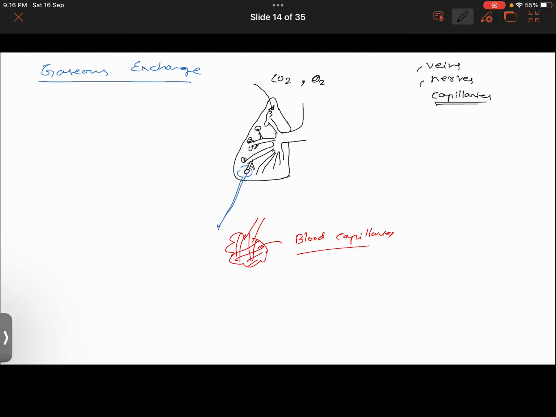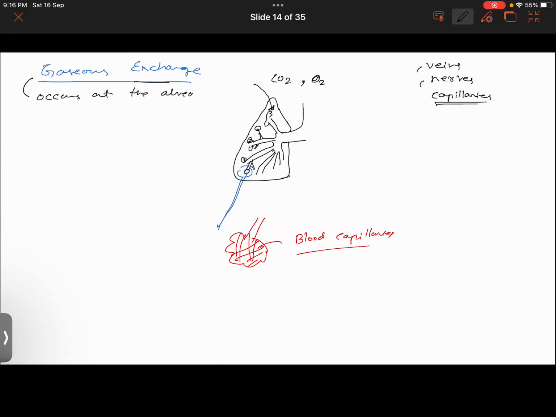So look, there will be the gaseous exchange happening here. As you already know, the mechanism of respiration involves the breathing mechanism and exchange of gases also. What did I just say? The process of respiration involves breathing and it involves exchange of gases also. And the exchange of gases occurs where?